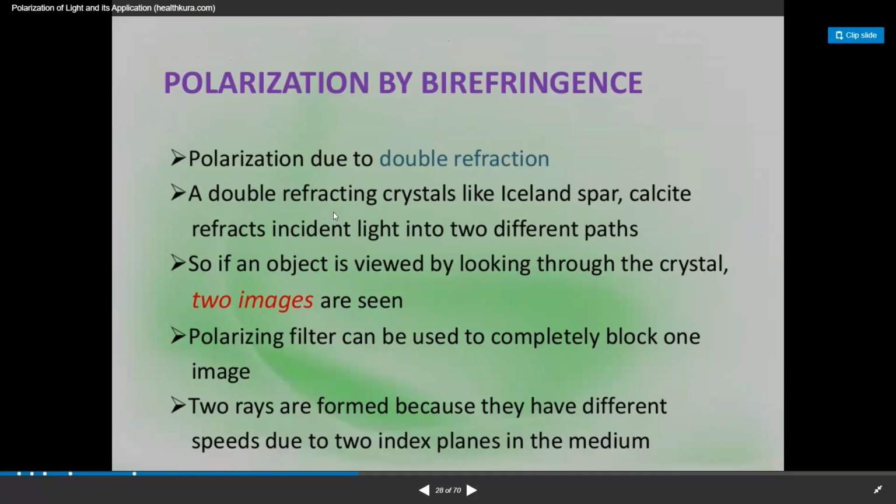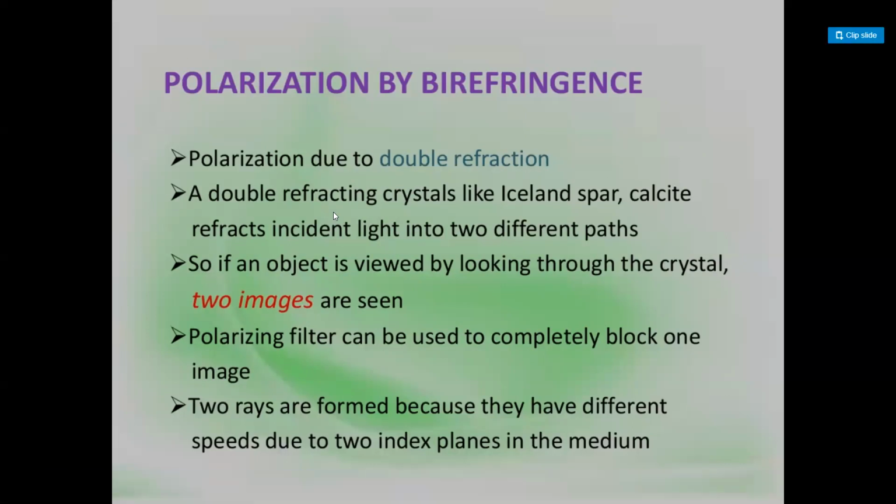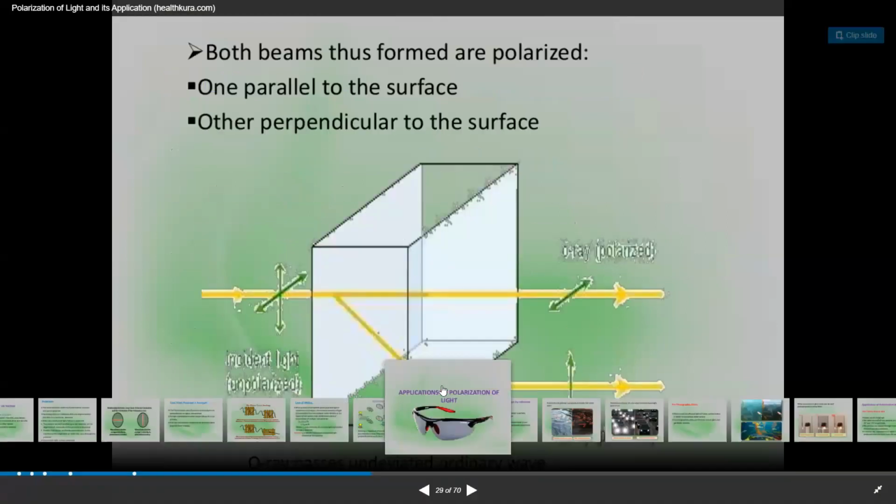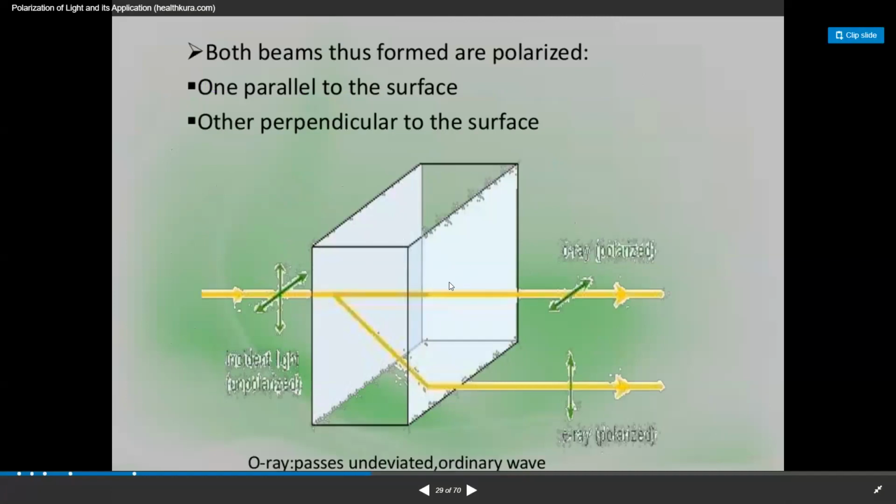Because the phenomenon of double refraction is that when an unpolarized light is incident on a calcite crystal, it splits into two refracted rays. So this is the figure. An unpolarized light is incident on it, and it splits into two refracted rays. One is the O ray and the other one is the E ray.